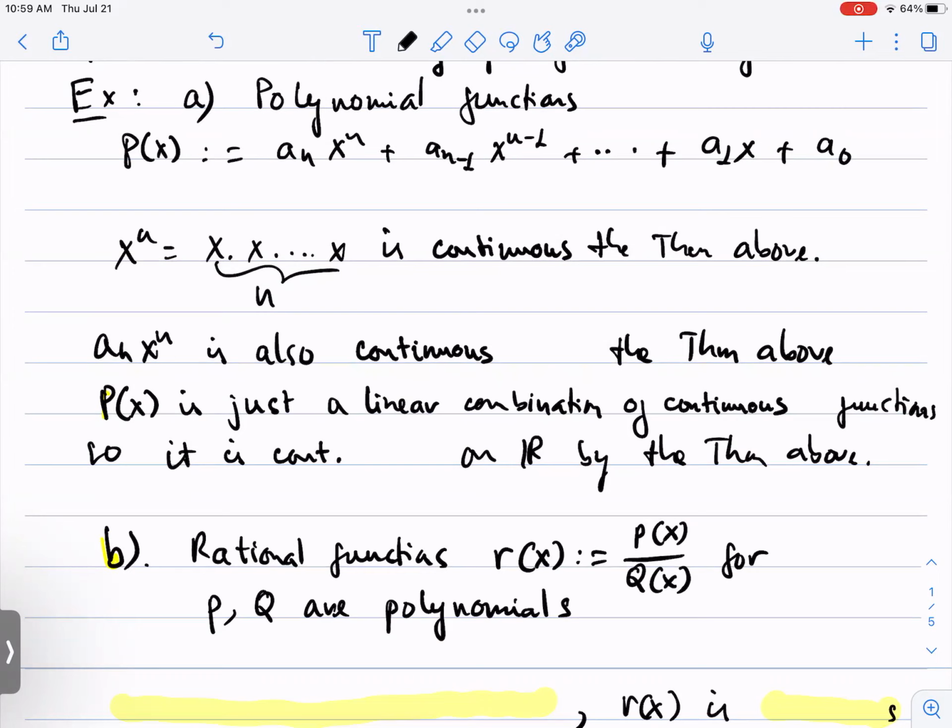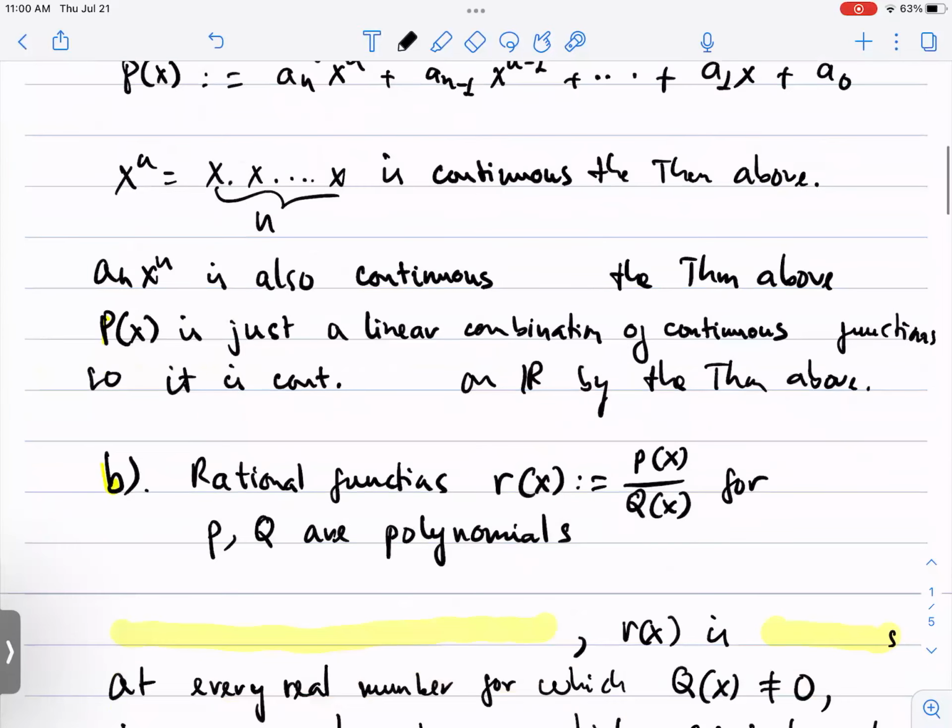To summarize, in order to show that the polynomial function is continuous, we show that each term in the definition of this function is continuous and the function is just an algebraic combination of these continuous terms. Therefore, the theorem above is applicable and implies that the polynomial is a continuous function.